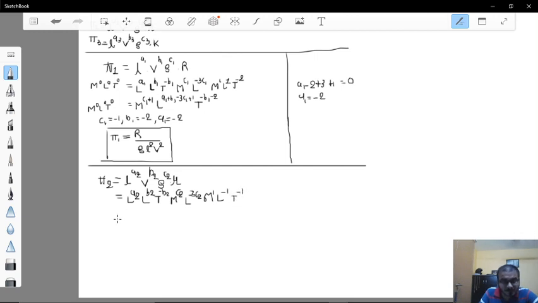So here finally what we will have M C2 plus 1, L A2 plus B2 minus 3C2 minus 1, T minus V2 minus 1.